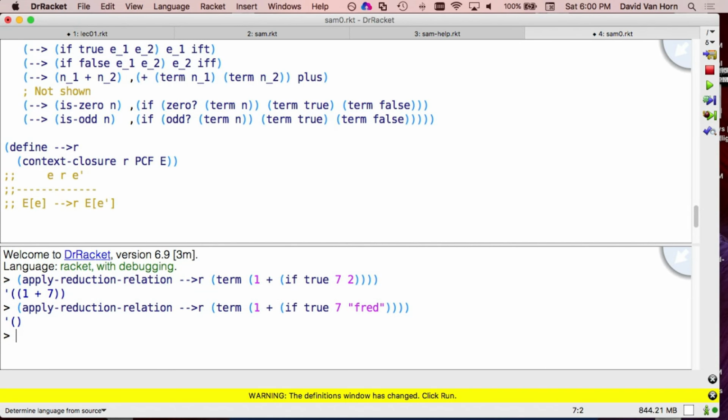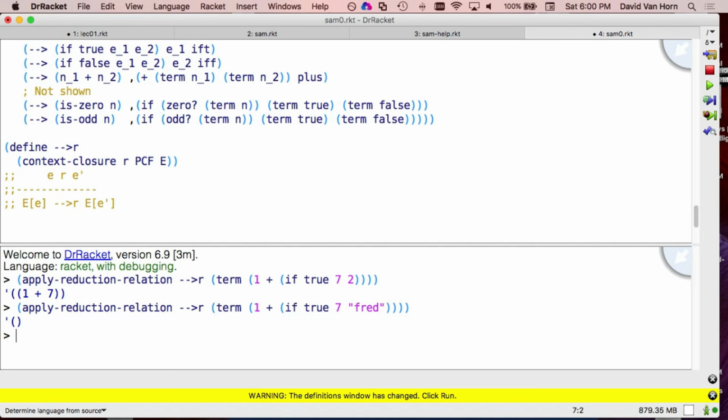And what I get back is that it doesn't reduce because that isn't in the relation, which is correct, but might be frustrating, right? Because you didn't get an error. It doesn't say, what are you even thinking trying to reduce something that's not a term in the language, which would be useful feedback. It just says it doesn't reduce to anything.